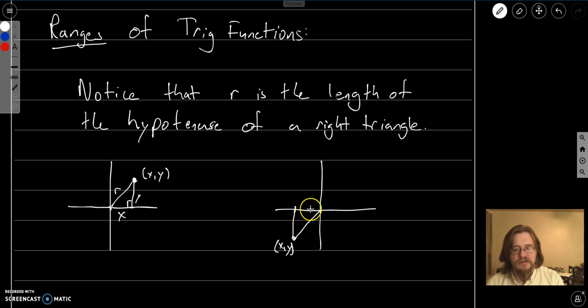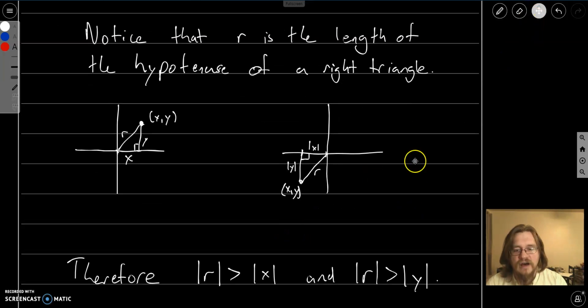So the distance from here to here is still positive, so this is going to be the absolute value of x, and this is going to be the absolute value of y, and the length of this line there is going to be r again. And again, this is a right triangle, this is the hypotenuse, so r is going to be bigger than the absolute value of x, and r is going to be bigger than the absolute value of y.